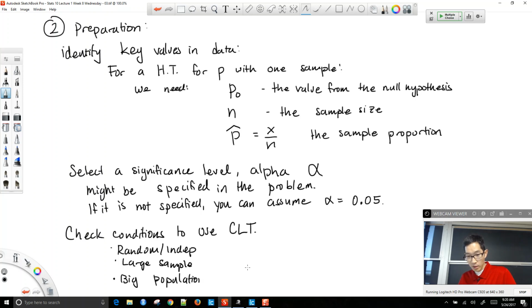Now, when it comes to exams, this is an important step: checking the conditions to use the central limit theorem. That's an important thing that you have to do.